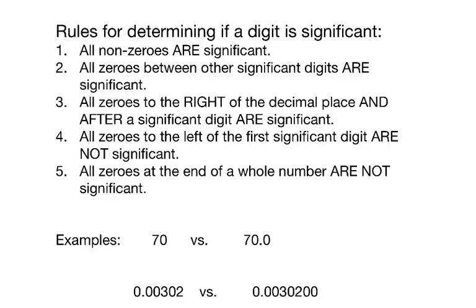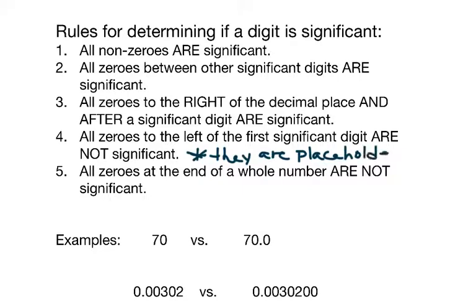All zeros to the left of the first significant digit are not significant. The thing that I would add here, just for clarification, is that they are placeholders. I'll talk to you in a minute about what that means and try to make that a little more obvious.